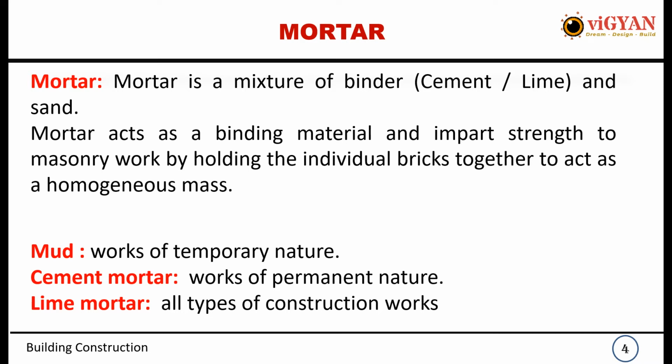Most commonly binding material used nowadays is cement, and it is predominantly used in construction work for making the mortar. Lime mortar is limited in use at present due to good availability of cement. But one can see that lime mortar was greatly used in the construction of forts in the past.